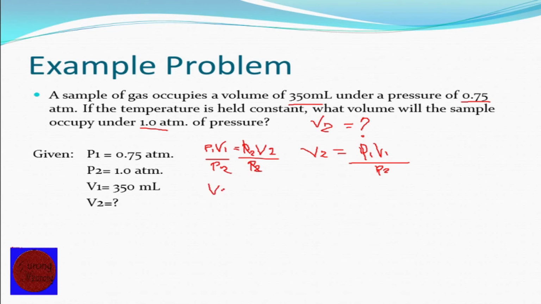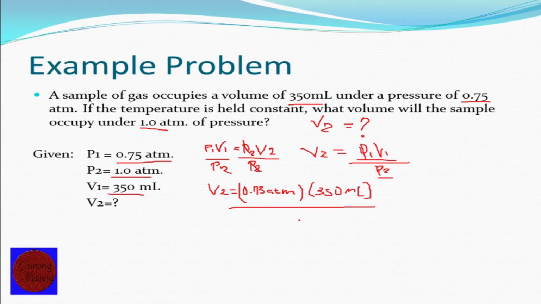So our volume 2 is equal to, our pressure 1 is 0.75 atm, multiplied by V1, which is 350 milliliters, over our P2, which is 1 atm.